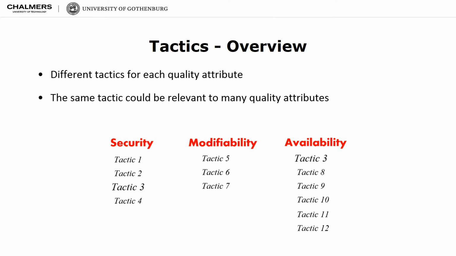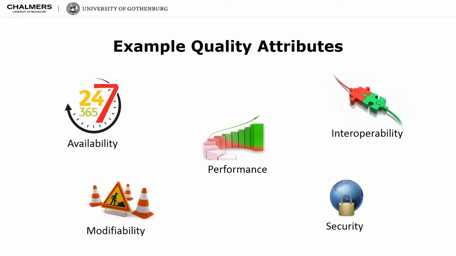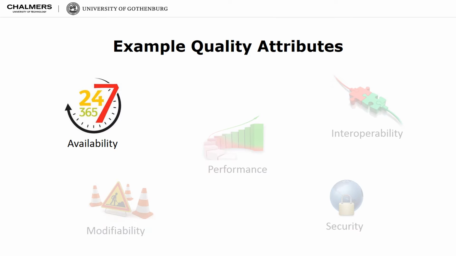For example, restoring a system after recovery from an attack should be relevant for both security and availability. This lecture focuses on 5 quality attributes: availability, interoperability, modifiability, performance, and security. We will start with discussing architectural tactics for availability.